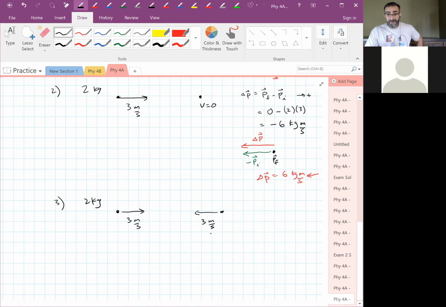Now we have an object moving to the right at 3 meters per second. Something happens, a force acts on it, and then it's moving to the left at 3 meters per second. What's the change in momentum?